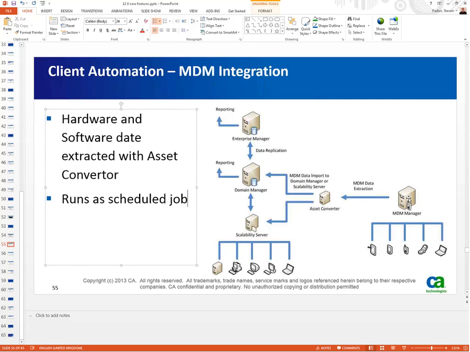Then obviously, if you've got an enterprise server above that, the data will be replicated up to the enterprise, which gives us reporting and access to the data both at the domain manager level and through the enterprise.